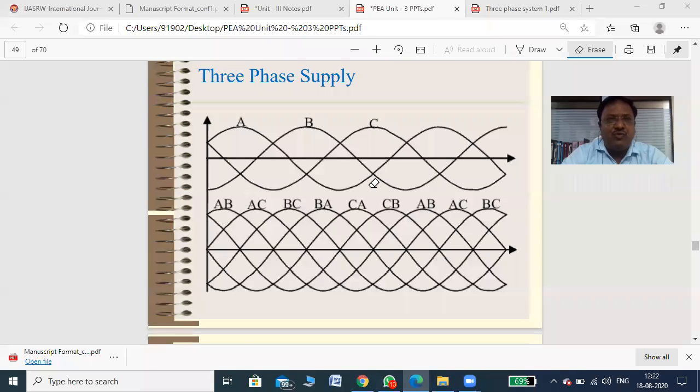Even if you see the efficiency of a half-wave rectifier, it is just 40%, which means 60% of the components are present as AC. If you see a full-wave rectifier, the efficiency is 80%, which means it consists of 80% DC components, but still 20% AC components are present.